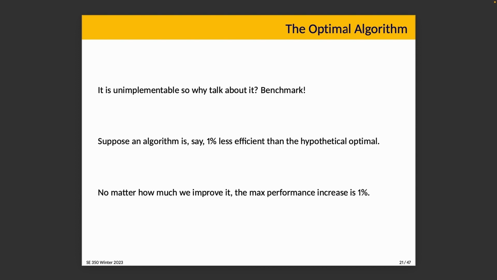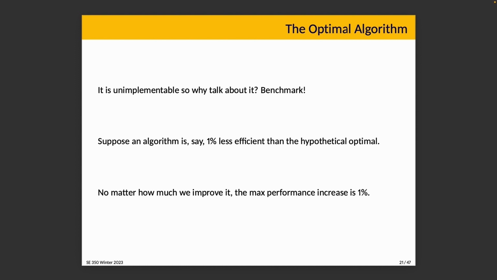And then you can compare that against the actual performance of your program, and that will help you to evaluate whether the replacement algorithm that you're using is good or not. Right? If the actual algorithm that we used is, say, 1% less efficient than the hypothetical optimal, the one that required us to look backwards and, Monday morning quarterback, if you prefer a sports analogy, what happened, then we know that we won't try to waste any time improving this, because if we did, the maximum performance increase would be 1%.